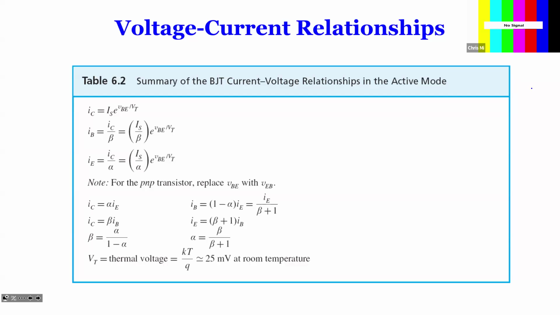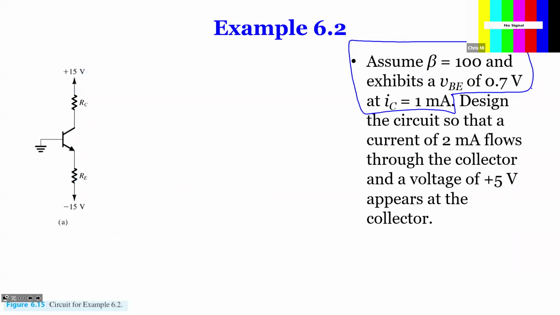Of course, and then what it says here, it was asking you, now I want you to have 2 milliamps current flow through the collector, and a voltage of 5 volts appears at the collector. 5 volts at the collector, not the power supply, but at the collector, which means it's the point below RC.